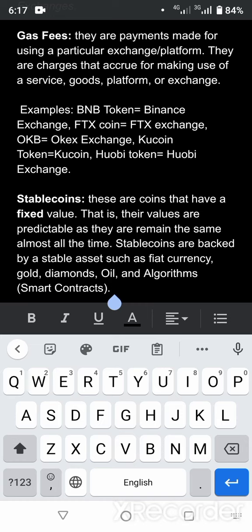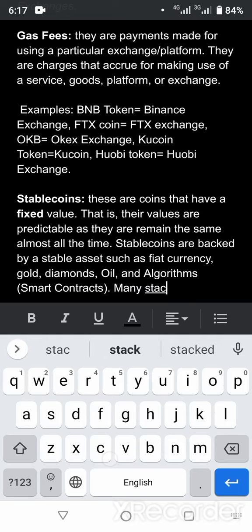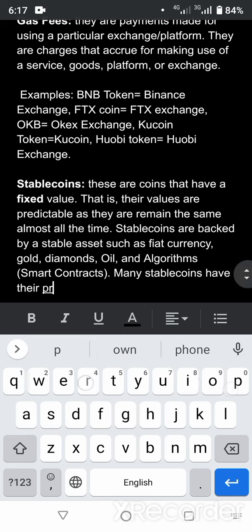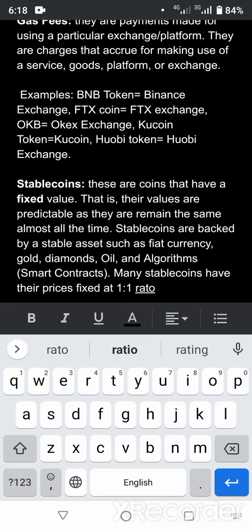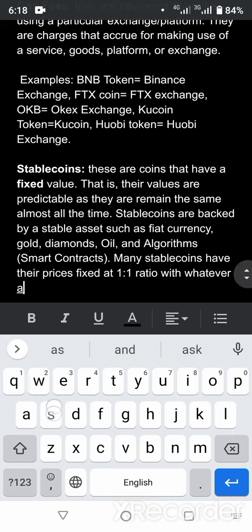Okay, so many stable coins have their prices fixed or pegged at a one-to-one ratio with whatever asset is backing them.